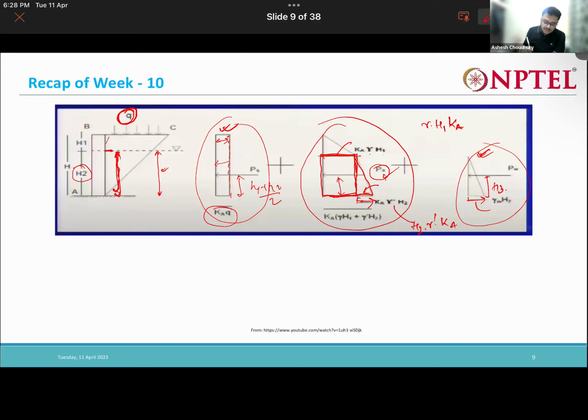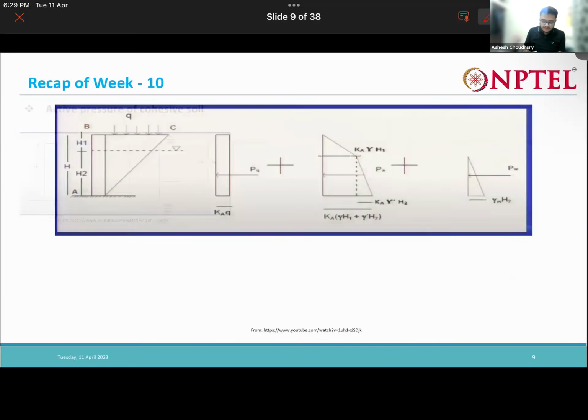After you determine all this, you can determine the resultant, and where the resultant is acting. That height also you can determine by determining the centroid of the combined figure. So we will solve the problems at that time. It will be clear.